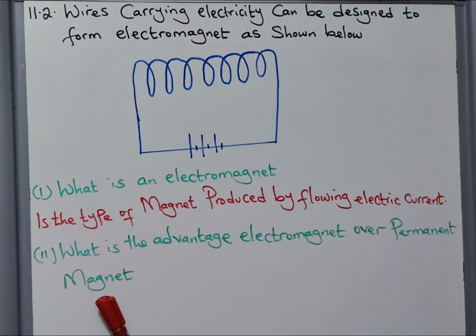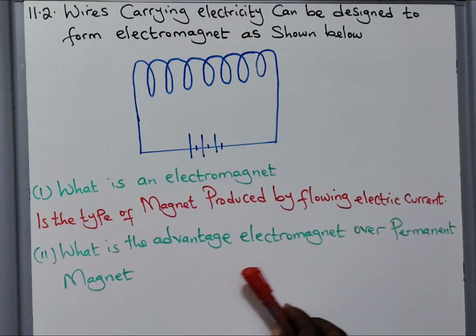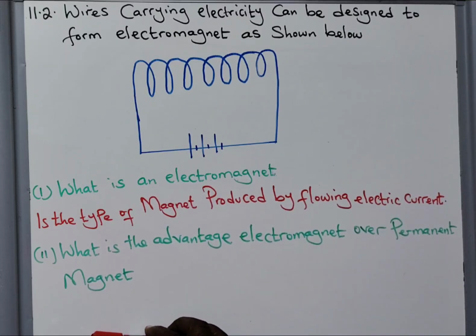Then we come to this one. It says, what is the advantage of electromagnet over permanent magnet? We are now comparing these two magnets, the permanent magnet and electromagnet. What advantages does an electromagnet provide which a permanent magnet does not?